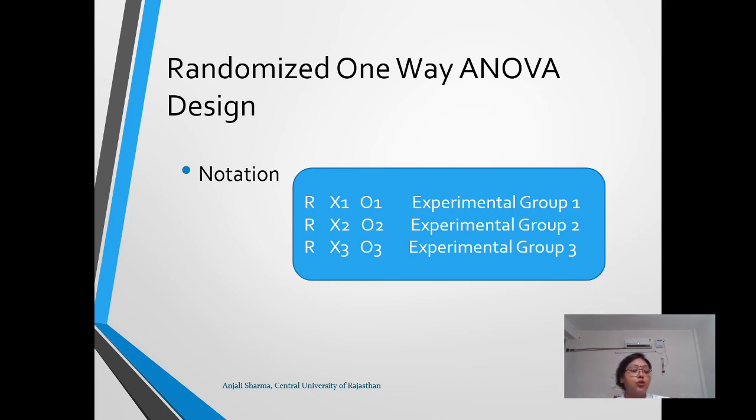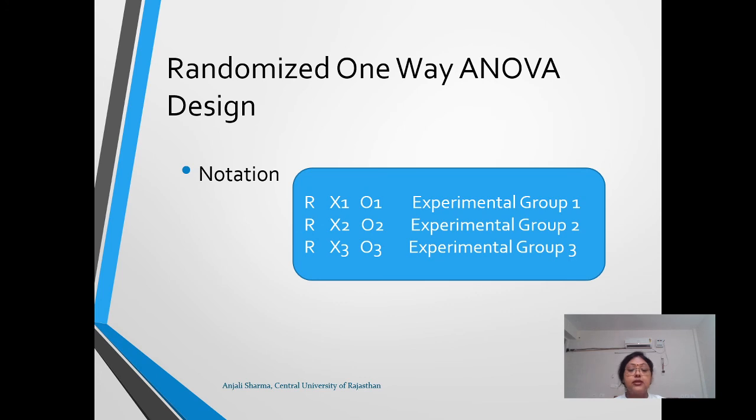You will test that. In this way you are going to conduct three experiments, and this is called the randomized one-way ANOVA design. One-way ANOVA design means we are moving in a linear way.